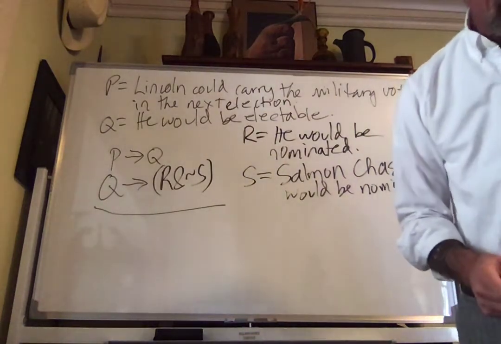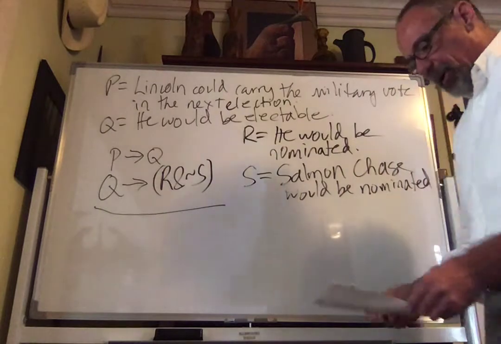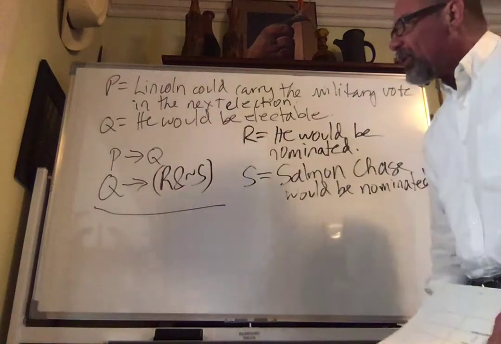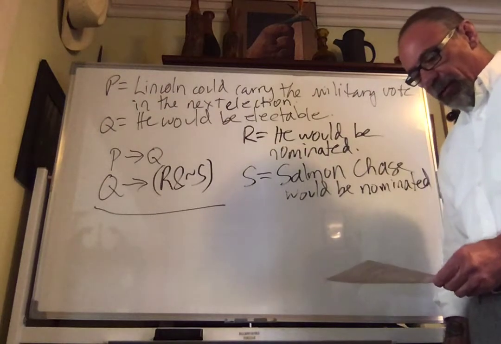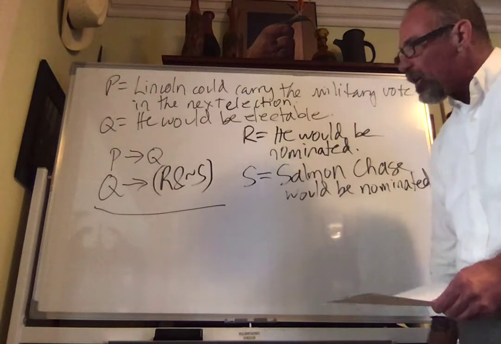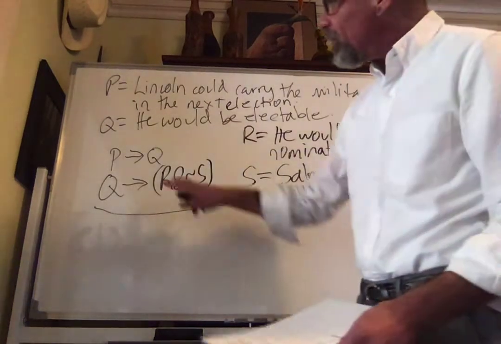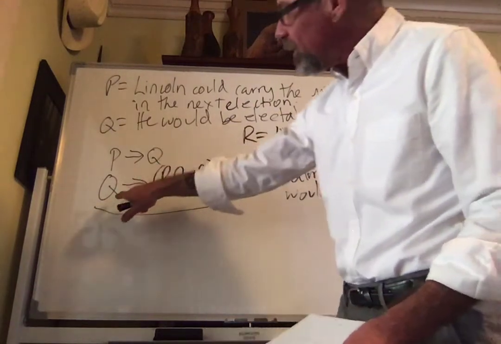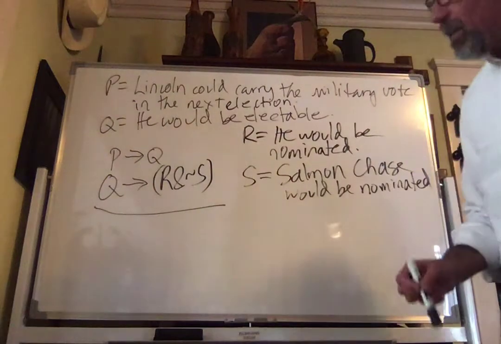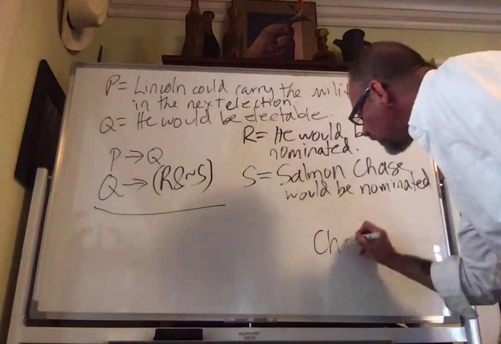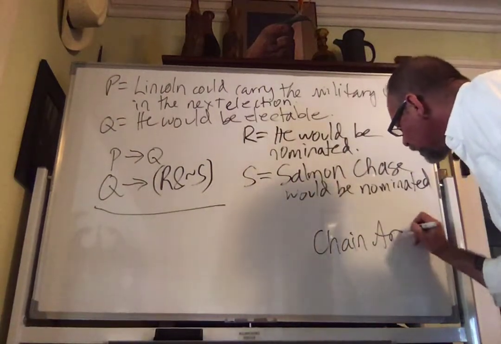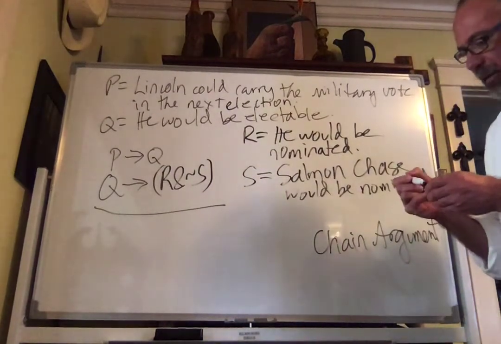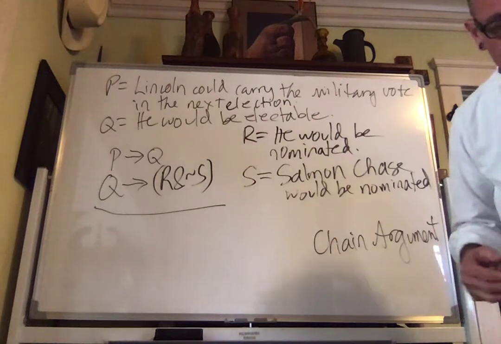If you look at the 7 common argument forms, you'll see that these premises correspond to the structure of the premises in chain argument. They're both conditionals, and what they have in common is that the consequent of one of the conditionals is the antecedent of the other conditional, and that's the chain argument pattern. Well, in that pattern, you see then the conclusion, how we form that.